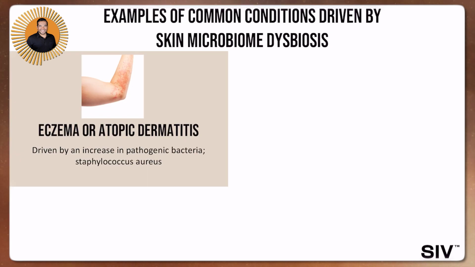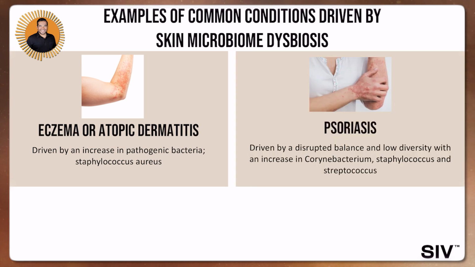So just a couple of examples of conditions driven by skin microbiome dysbiosis. We talked about eczema and atopic dermatitis. It's absolutely driven by an increase in pathogenic bacteria like Staph aureus, right? That seems clear. Psoriasis, like we talked about, is driven by a disruption in the balance that results in low diversity within the skin microbiome, and you start to see an increase in things like Corynebacterium, Staphylococcus, and Streptococcus.